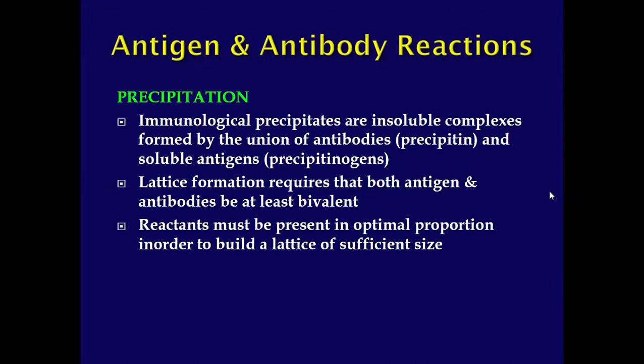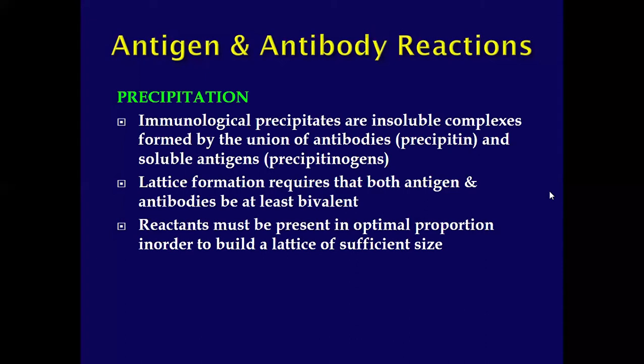Okay, so reactants must be present in optimal proportion in order to build a lattice of sufficient size. This means that for lattice formation to occur, your antigen and antibodies must be at optimal proportion, in terms of concentration.